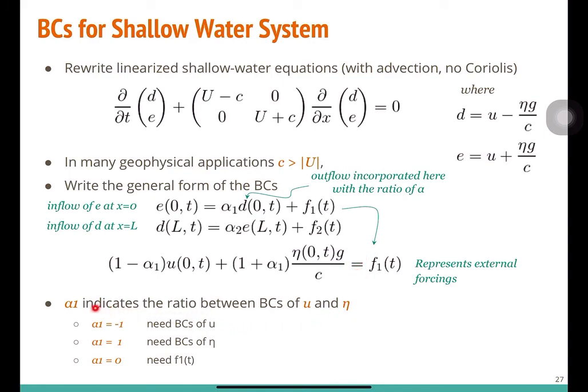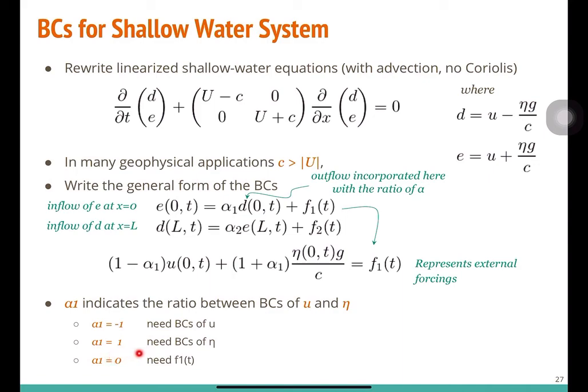So alpha here represents the ratio between the boundary conditions we need. If alpha equals -1 for this equation, it means that we don't need the boundary condition for eta; we only need the boundary condition for U. If alpha equals 1, this term is 0, so we don't need the boundary condition for U, and we need the boundary condition for eta.